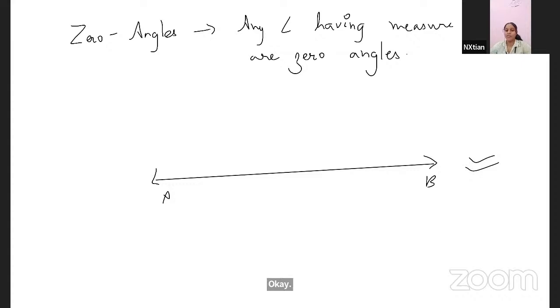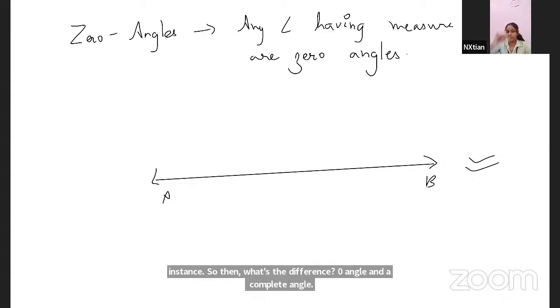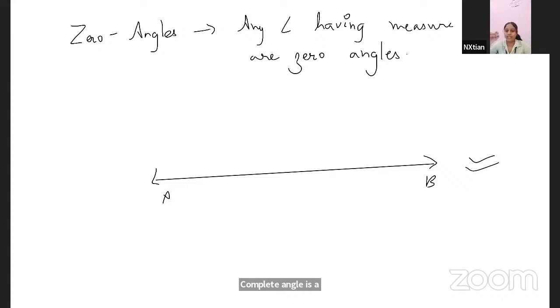Basically an angle whose measure is zero means that it isn't making any angle. Ma'am, then what's the difference between a zero angle and a complete angle? A complete angle is a complete rotation. It starts from 0 to 360 degrees, takes a full turn like clock hands from 12 to 12.